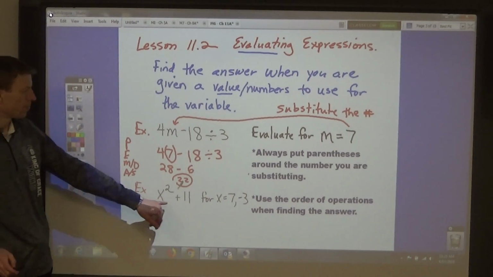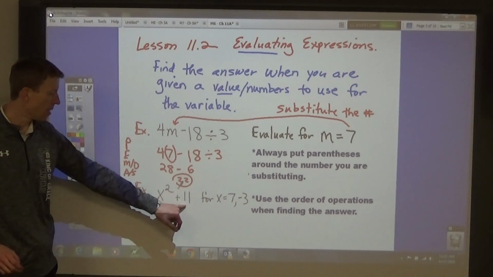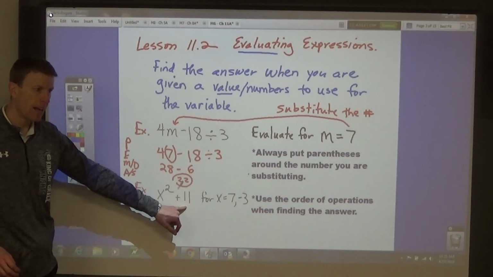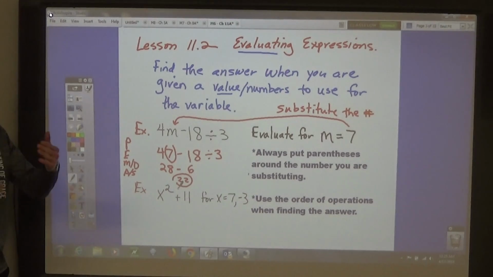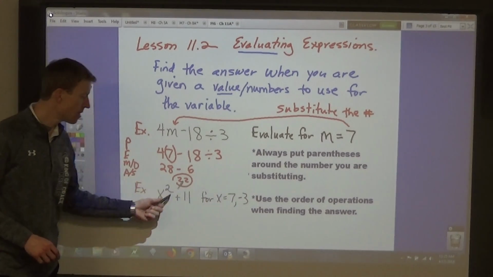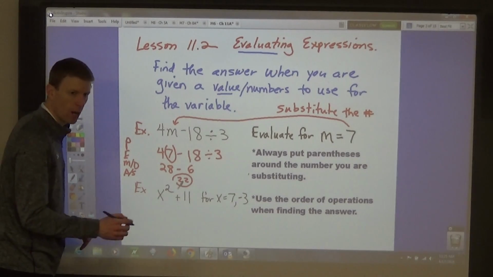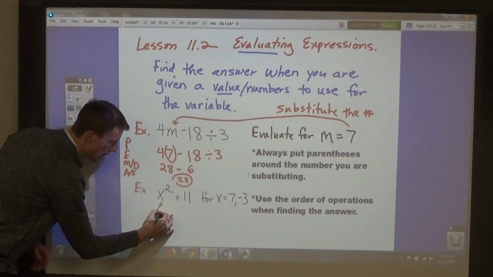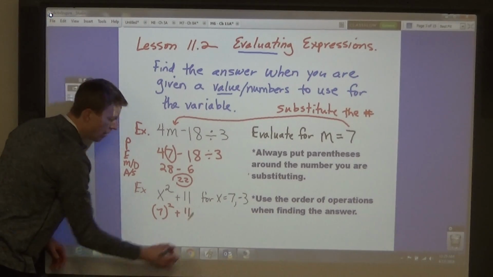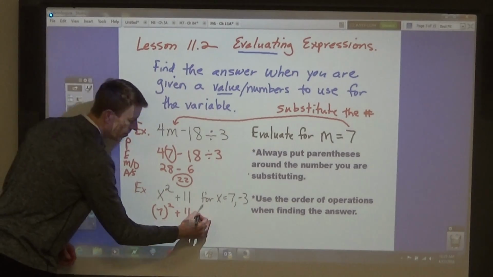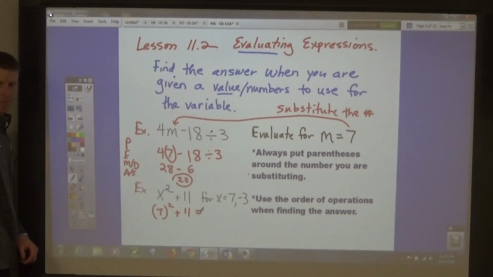So this says x squared plus 11. Evaluate this for 7, and then for negative 3. So we're going to do two separate problems. Substitute in the 7 first. Put the 7 in for x. 7 squared plus 11. What does that equal? Wait, doesn't it say for x you do 7 minus 3?